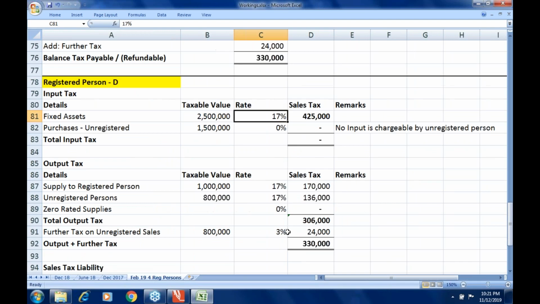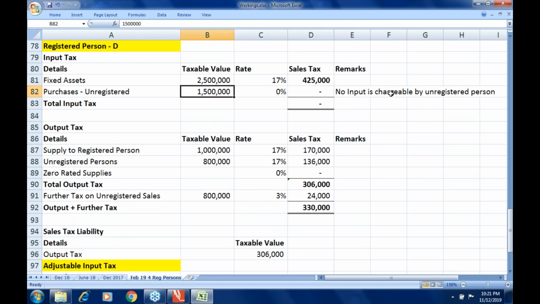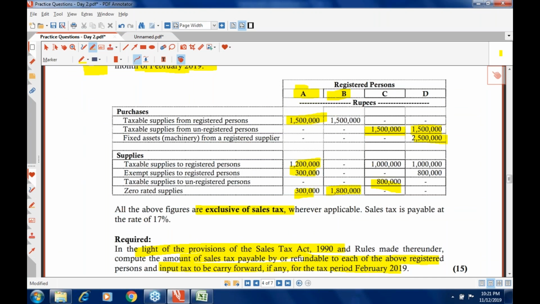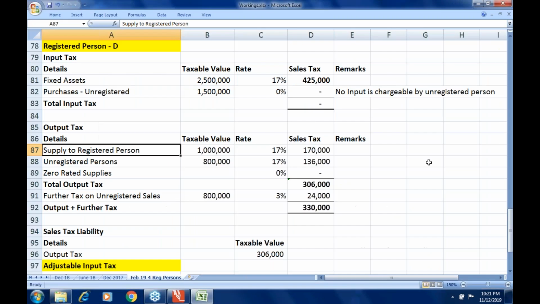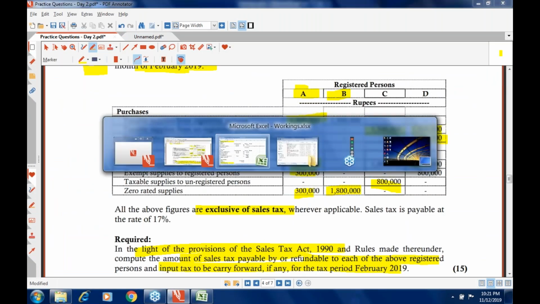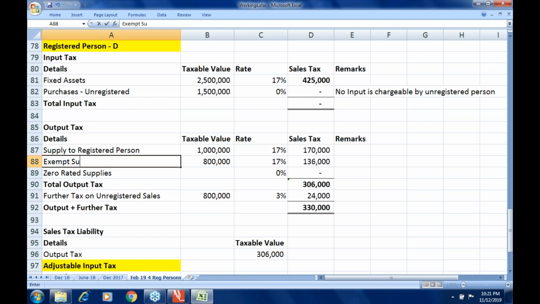And then what do we have? The supplies that we make are supplies to registered person of 1 million. Then there are exempt supplies of 800,000, and there's going to be no tax in it. This is 170,000. Now what is going to happen?